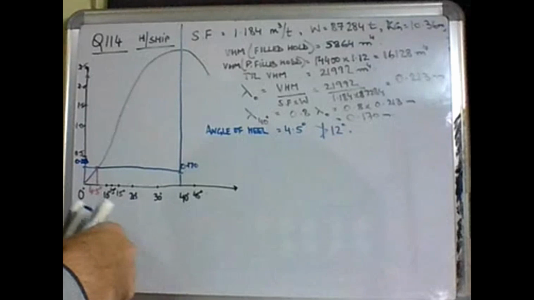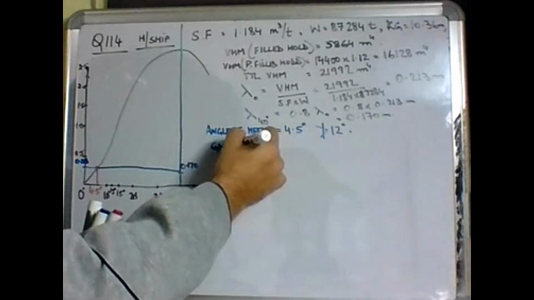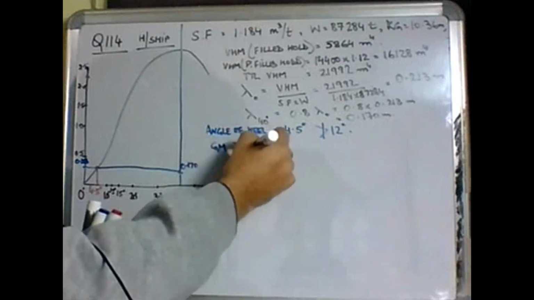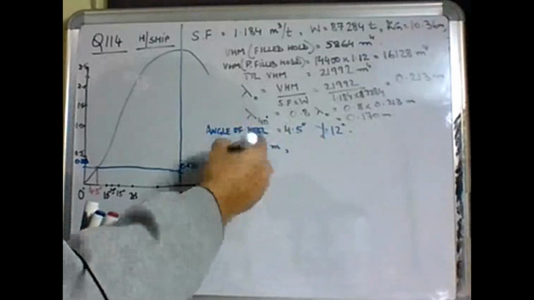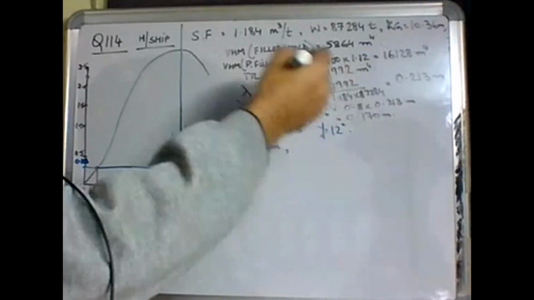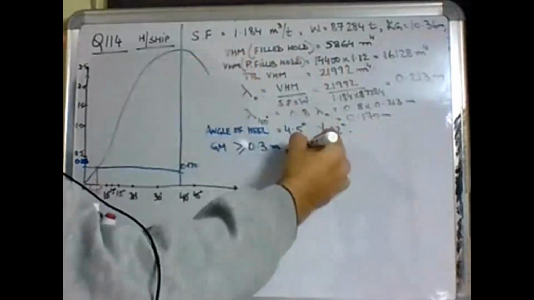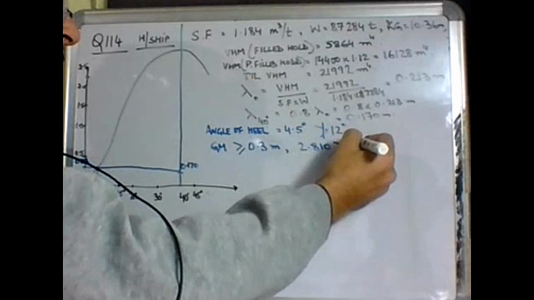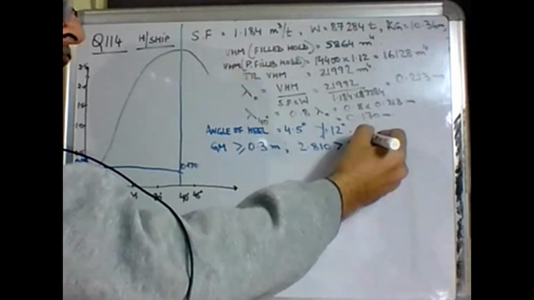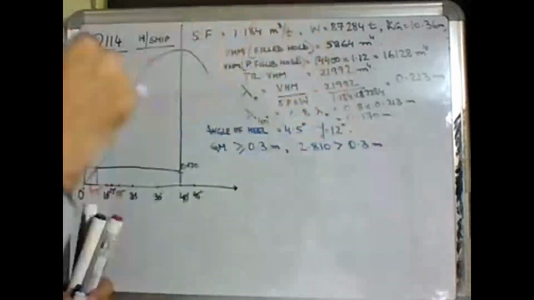Correct, at least 0.3 meters. So since my GM came out to be 2.810, which is greater than 0.3 meters, this criterion is also met.